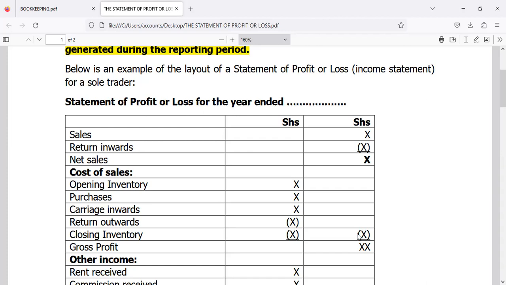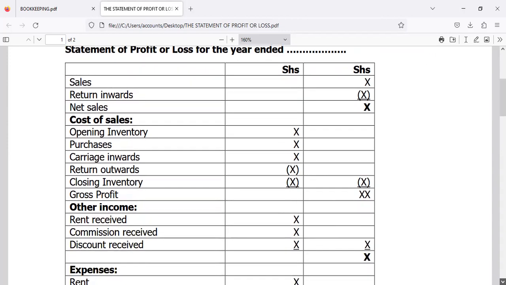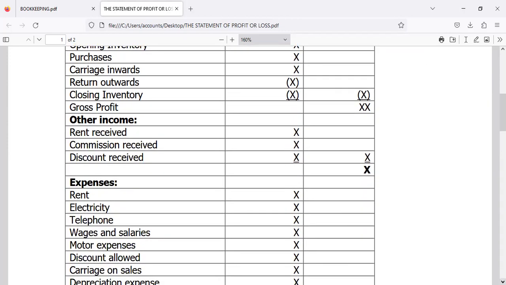Thereafter, we get our net sales figure minus the cost of sales to arrive at what we call the gross profit. Then after getting our gross profit, we normally add some other incomes. For example, rent received, commission received, discount received. We add all those incomes in the first column, then we transfer the total incomes to the second column.